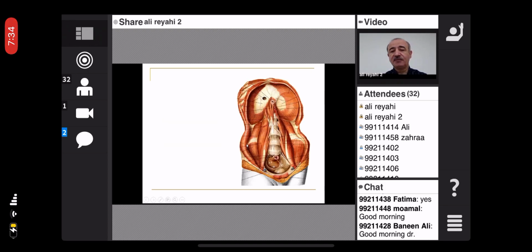The other group is the posterior group. In the posterior wall of the abdomen, there are muscles like the quadratus lumborum, psoas major, psoas minor, and iliacus, in each side, in the iliac fossa.